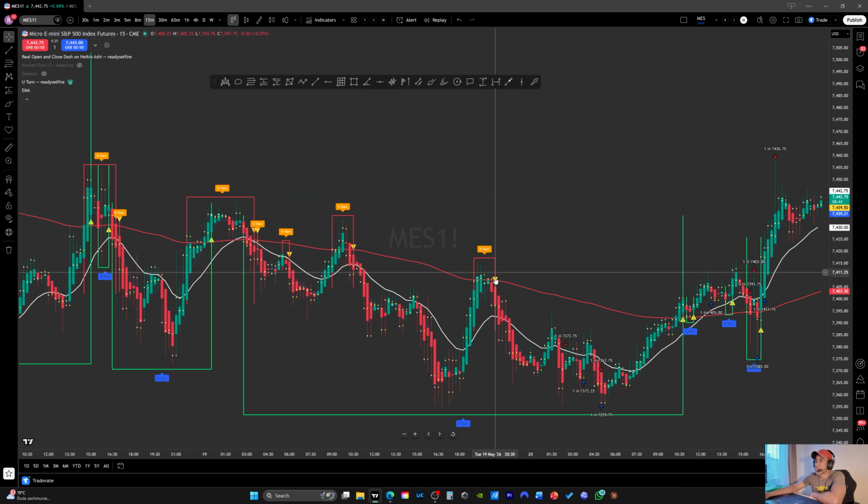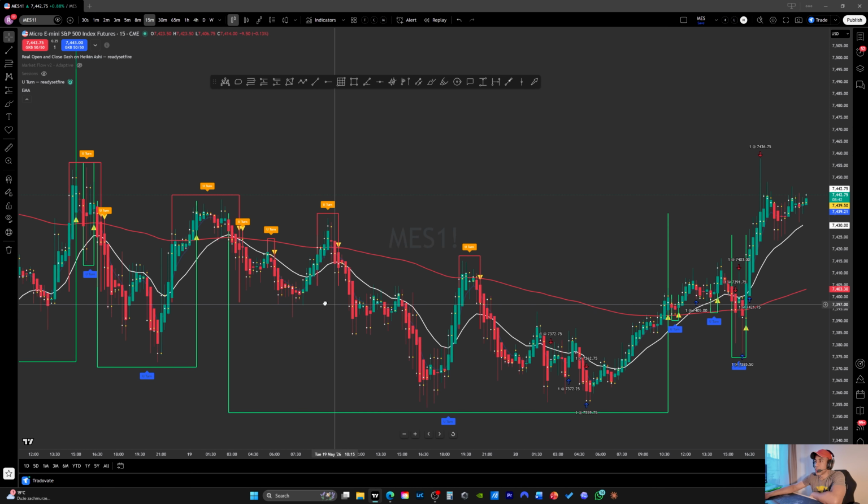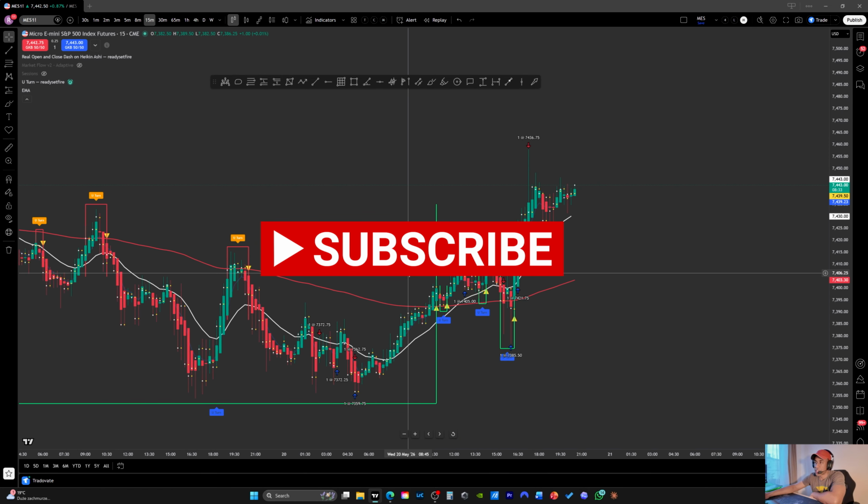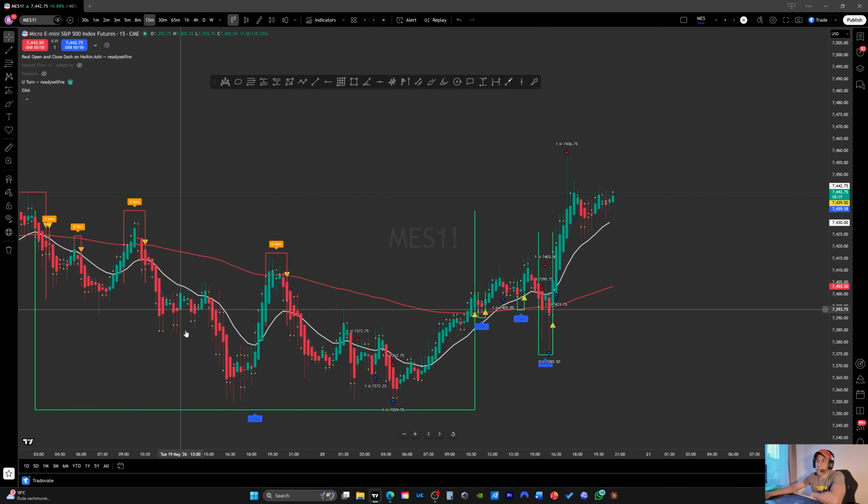U-turn, U-turn down. These big ones over here like this, sometimes I usually don't take them, because what was the market doing, right? Coming up and down, coming up and down. So I was kind of afraid of taking it and then it just going down again.